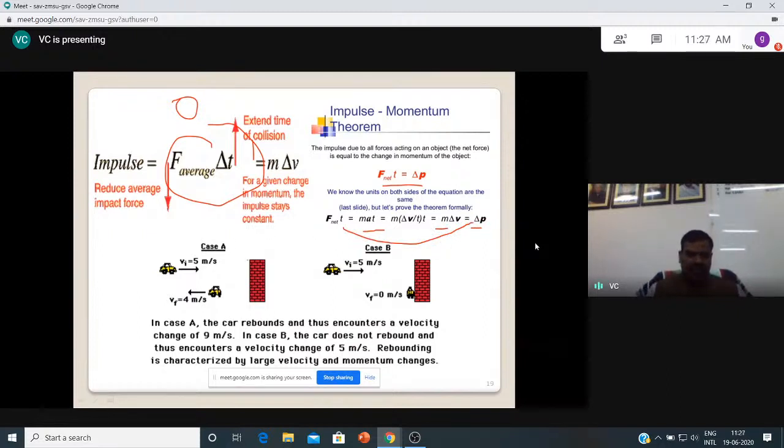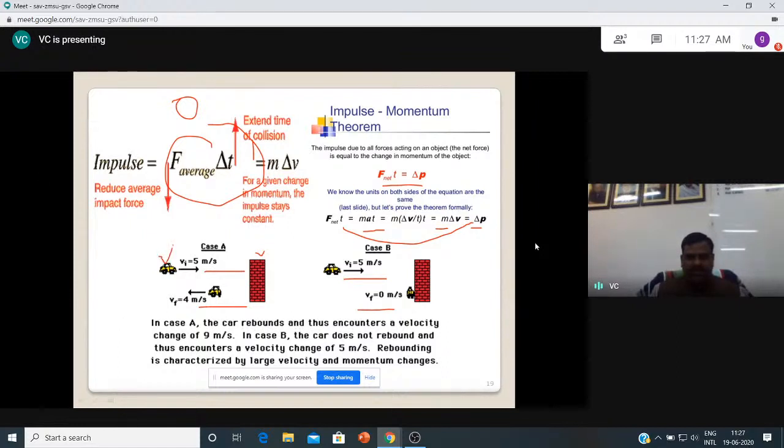Now let us see that there is a vertical wall, with two bodies. This is the initial velocity and this is the final velocity. We have to consider a vehicle moving with velocity Va; the car rebounds and thus encounters a velocity change.